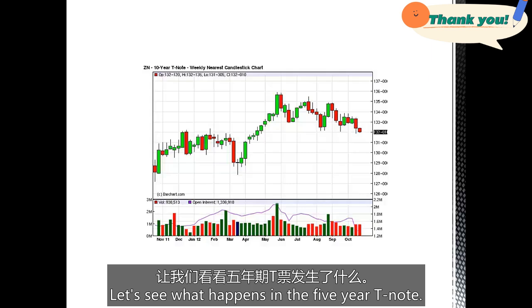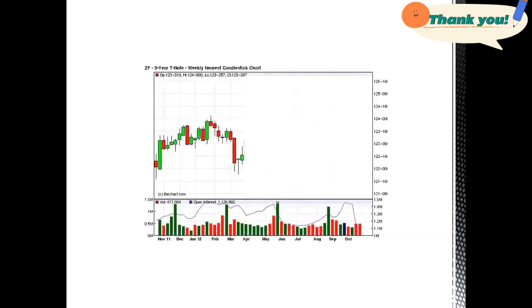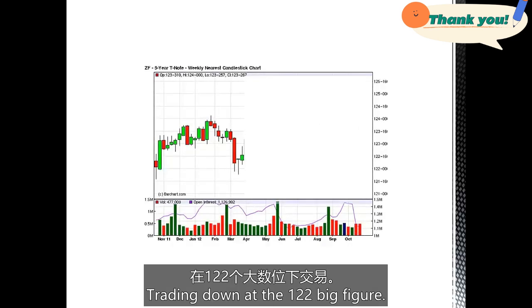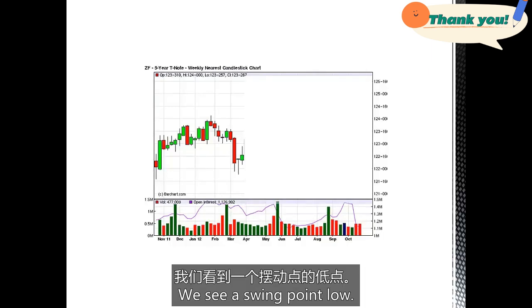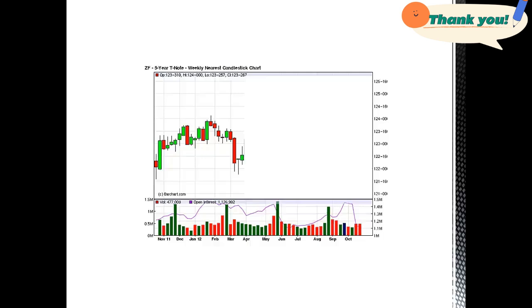Okay, let's see what happens in the 5-year T-note. Same scenario. We see a weekly optimal trade entry trading down at the 122 big figure. We see a swing point low going into April.